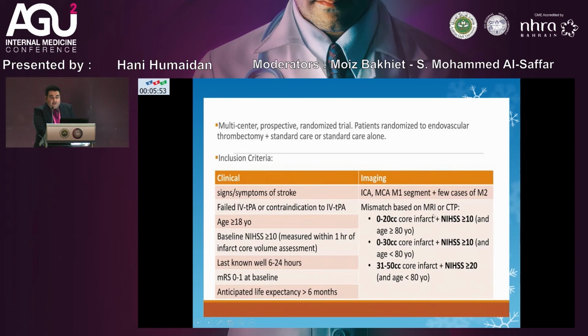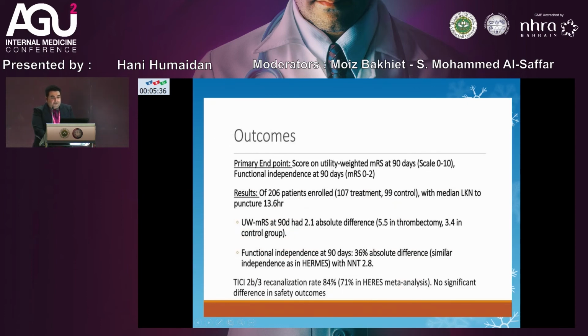They used mismatch on MR or CT perfusion, between 0 to 20 cc infarct plus NIHSS score of 10 or more, for those above 80, and for those below 80, 30 mL and NIHSS score more than 10. The outcome showed a difference in functional independence, about 36% absolute difference between the 2 groups, in favor of the intervention.